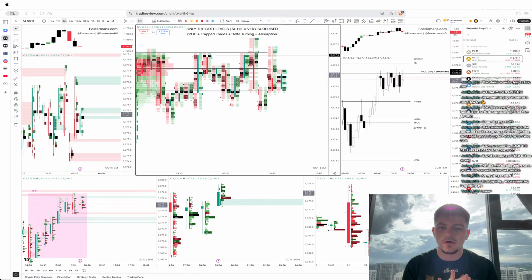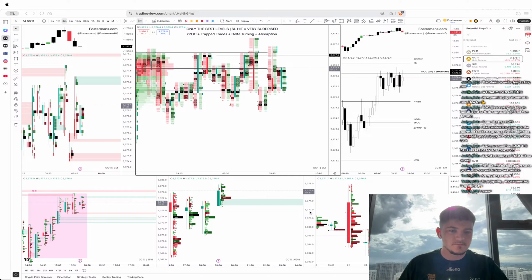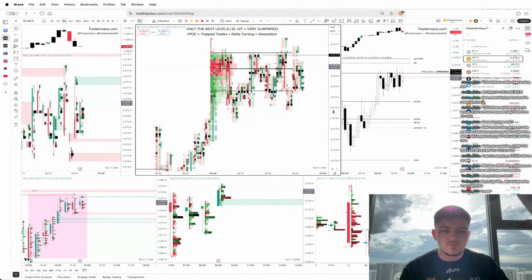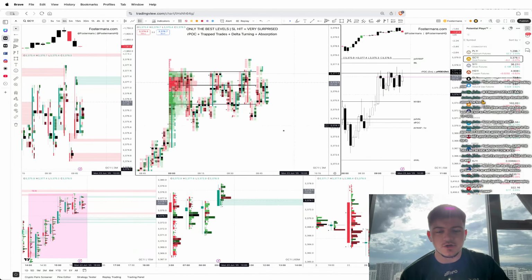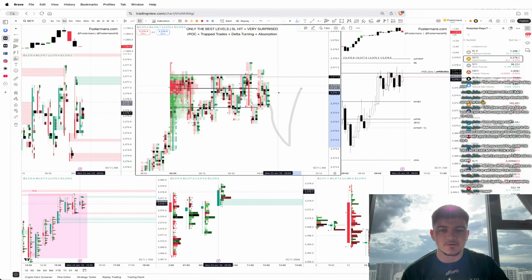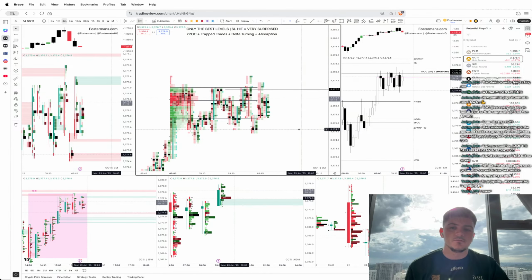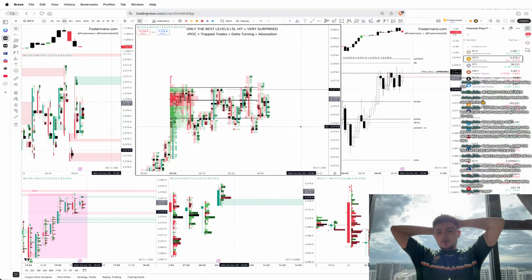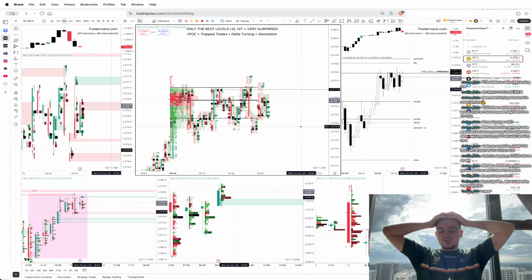Let's go, let's go. Let's try to get some action here, man. We're just looking for something, right? At this point, we're just looking for some sort of break to the upside or downside. We don't really care. Just for that retest. I'd say most of you guys already got what you wanted from that trade.